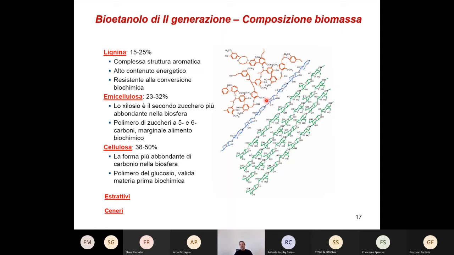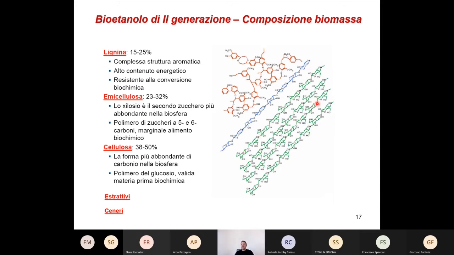In general, you can see this kind of biomass like wood. So you have lignin in this brown chain, the blue one is hemicellulose, and the green biopolymers are cellulose.